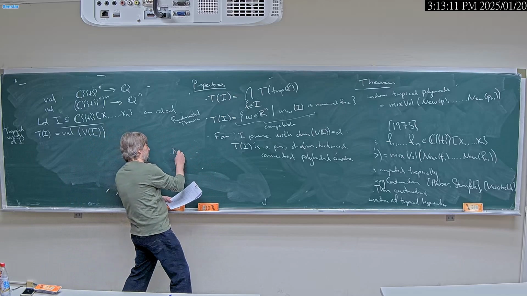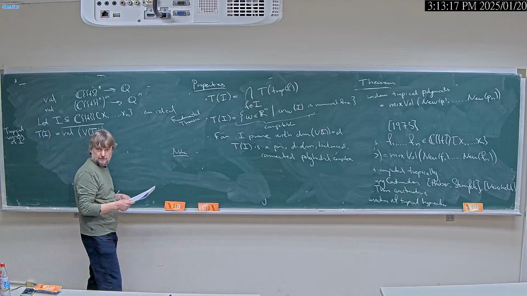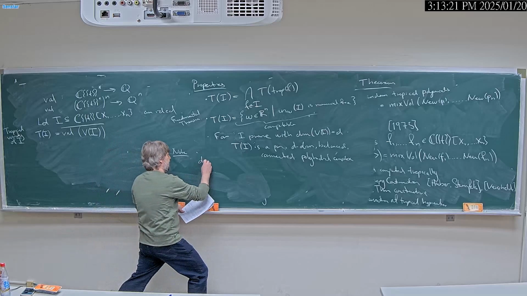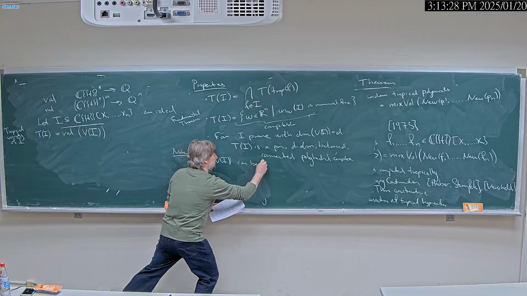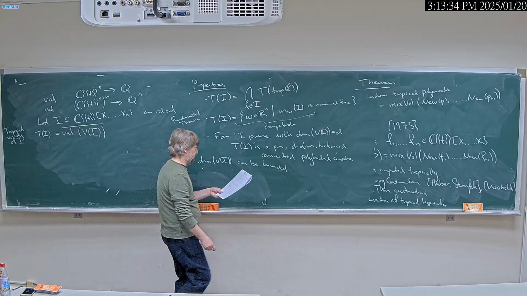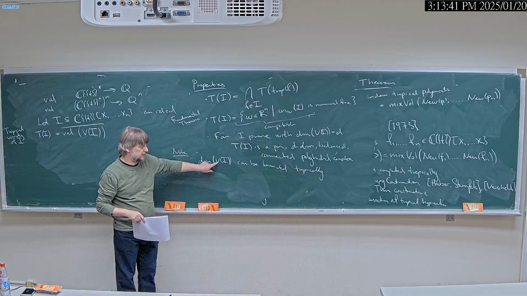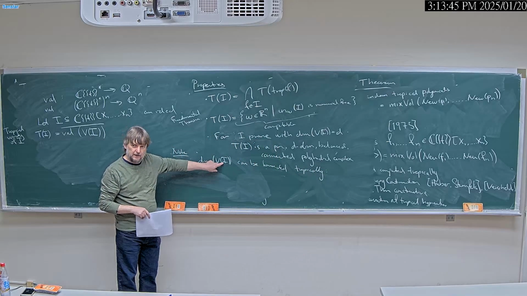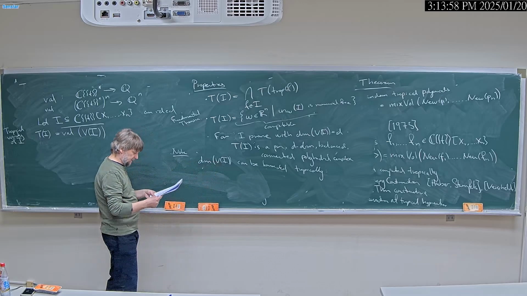And then why do I say all this? That's because we should notice the following. The dimension of V of I can be bounded, let's see, tropically. Well, maybe first notice that usually if I wanted to compute the dimension of V of I, that would be a Gröbner basis computation if I was given generators for I, and that can be very difficult. But we can get a bound using tropical geometry for the dimension of V of I. How does that work?